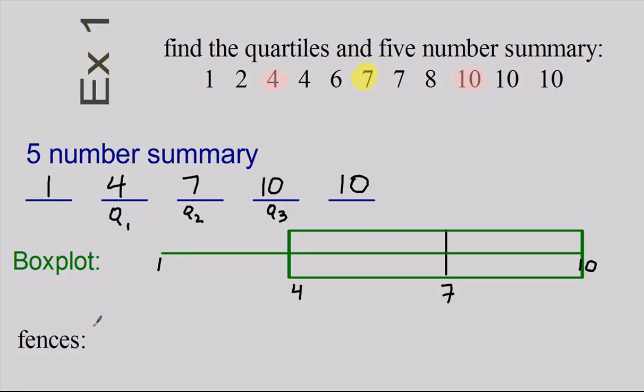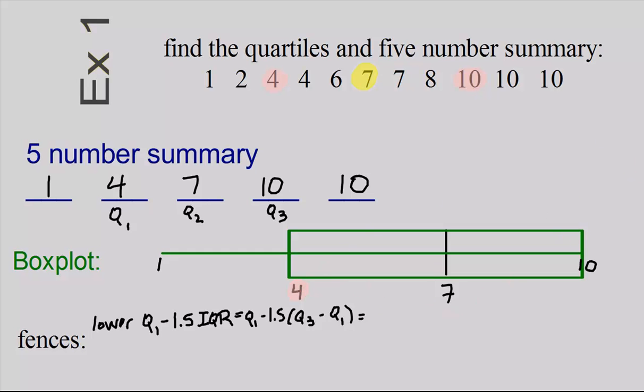The lower fence is gotten by the formula Q1 minus 1.5 times the interquartile range. One more time, the interquartile range is the same thing as Q3 minus Q1.